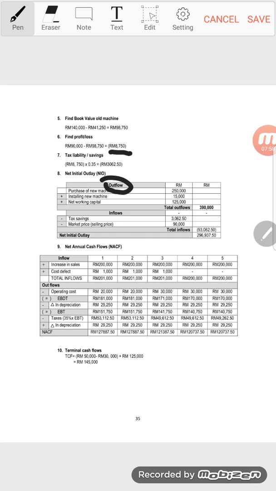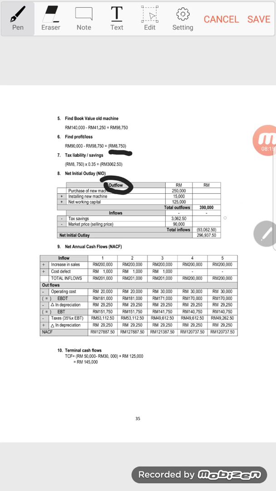And also don't forget to add the selling price of the old machine, 90,000 ringgit. So we total all the inflows. We get total inflows of 93,062 ringgit 50 cent.